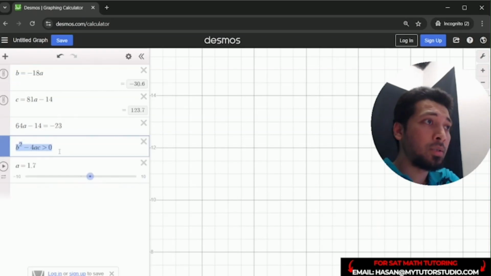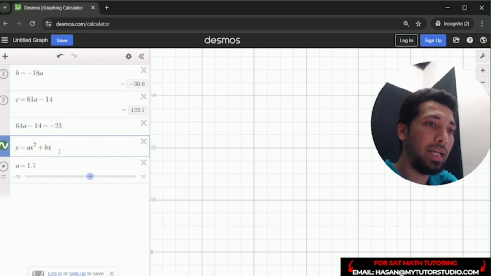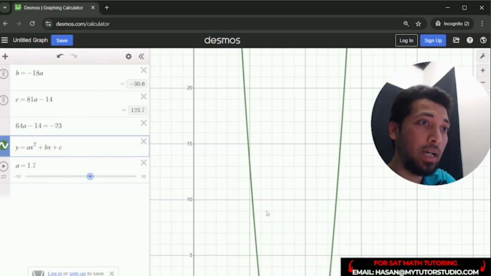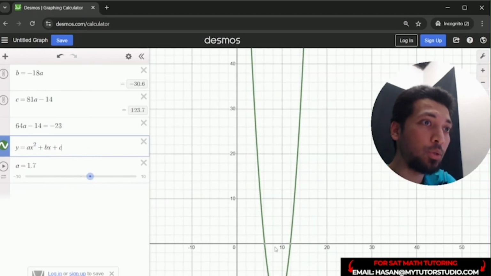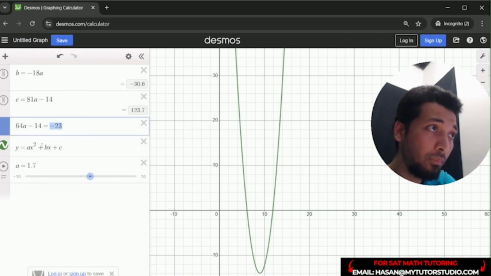So our graph is y is equal to ax squared plus bx plus c. So depending on a, b, and c, we need to get the values of the graph. Now, we know that the graph should meet the x-axis at 2 points. Now, if you check this first condition, 64a minus 14 is equal to negative 23.